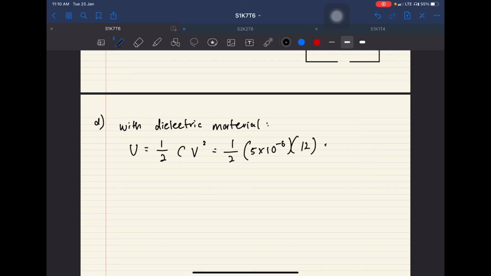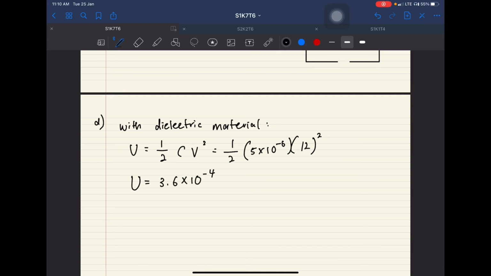So 6 times 5, I got 30. Oh, I forgot to take the square, so don't forget to put the square over here. Then calculate again: 3.6 times 10 negative 4.